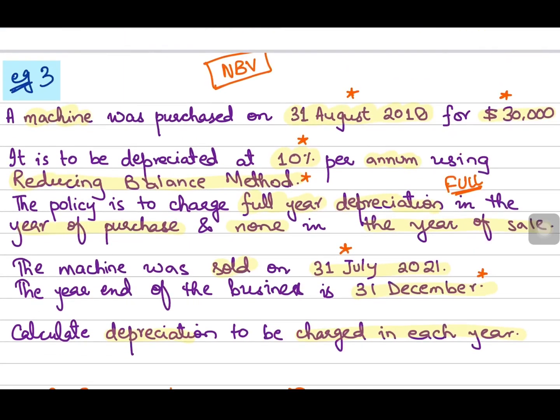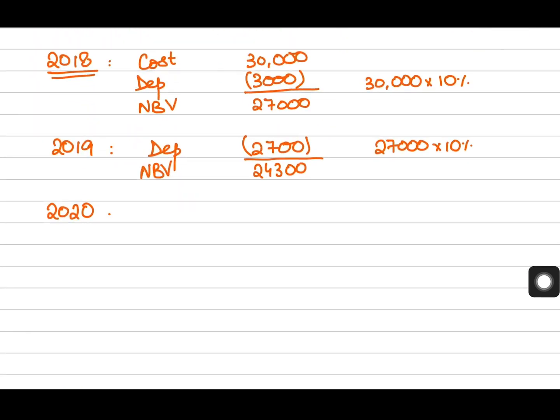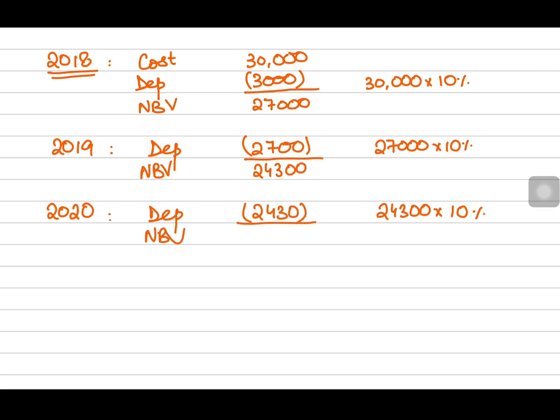Remember, the year of disposal is 2021. So, in year 2020 again, the depreciation will be charged on the net book value, that is on $24,300. So, 24,300 multiplied by 10% would be $2,430. This means that I will have a net book value of $21,870.